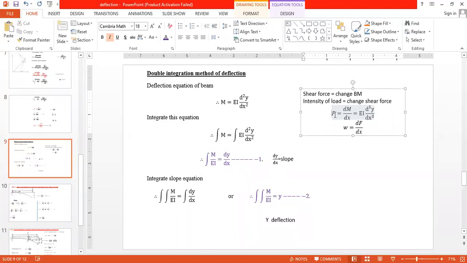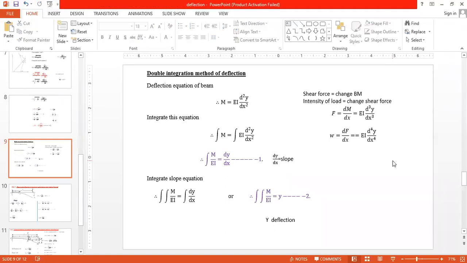Now if I replace the shear force by this equation, what will you get? W is equal to EI times the fourth derivative of the deflection.